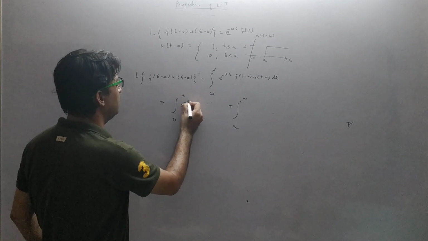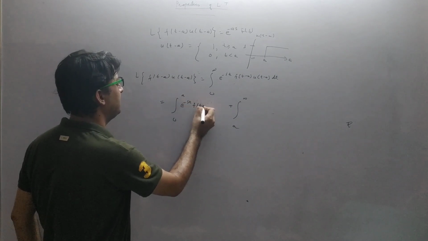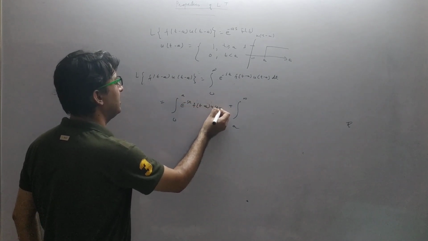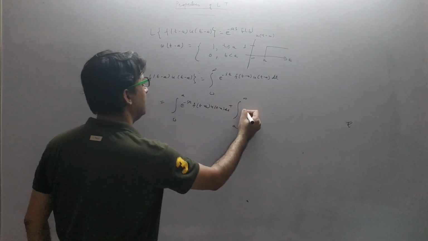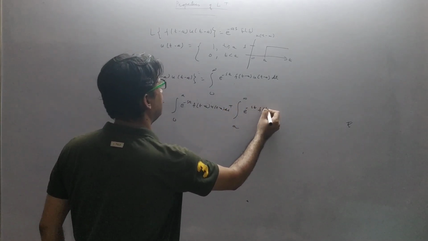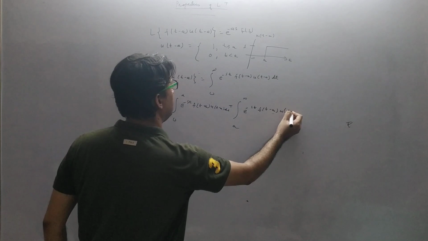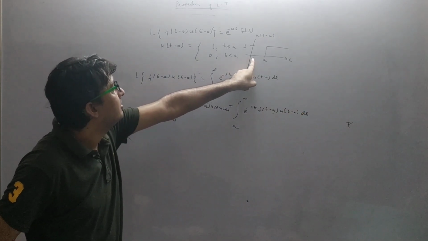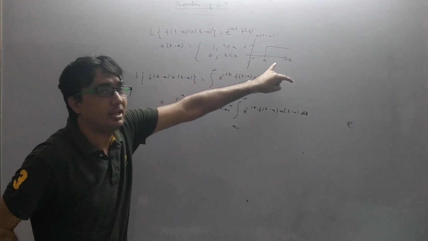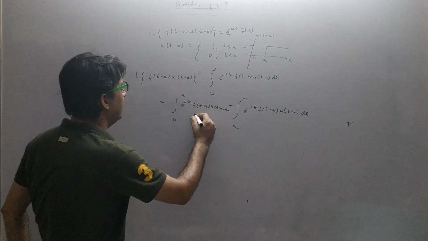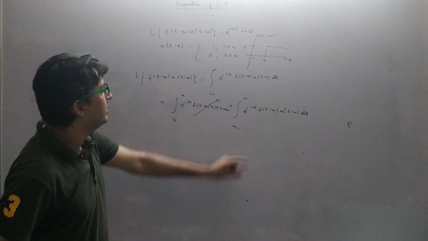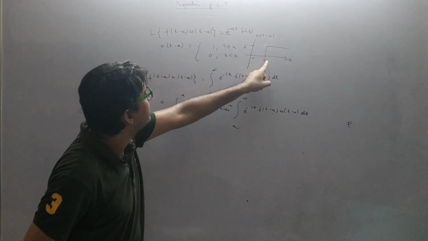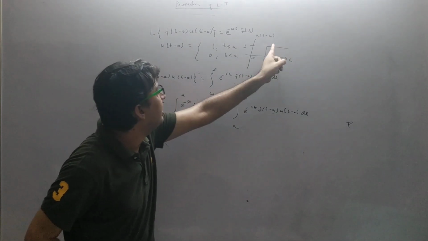So it becomes e to the power minus st f(t minus a) u(t minus a) dt over each range. Now from 0 to a we can readily see the value is null, that is 0. So here this becomes 0. Now from a to infinity, the value is 1.